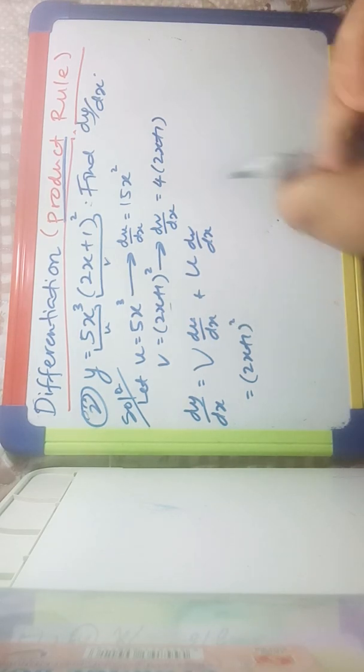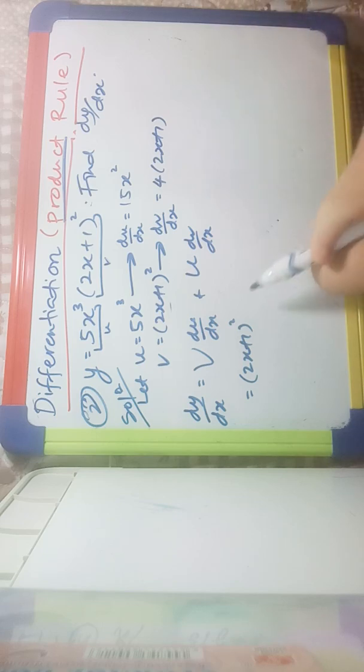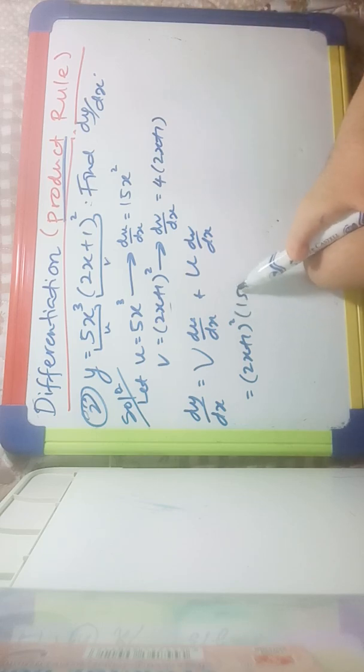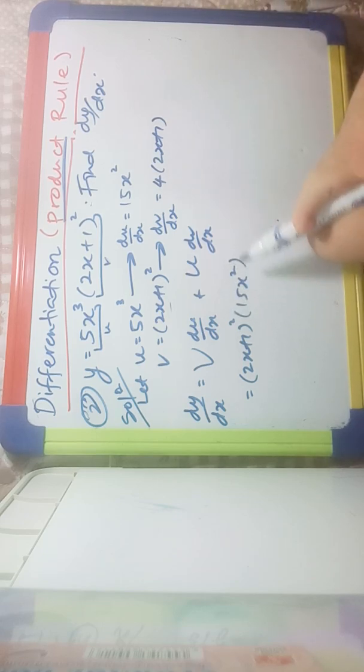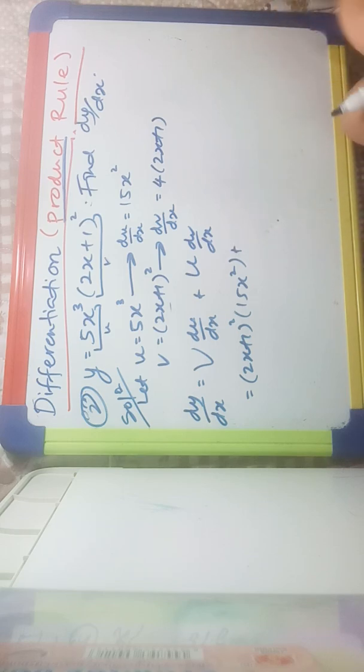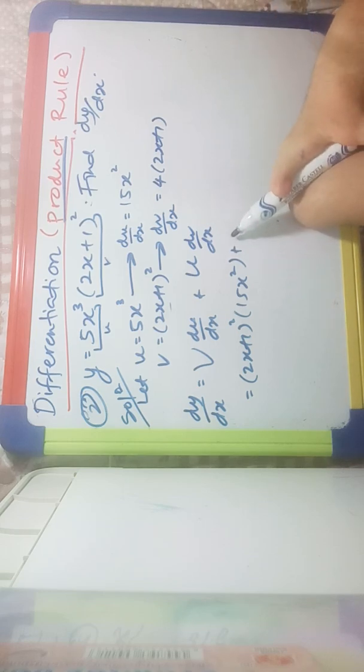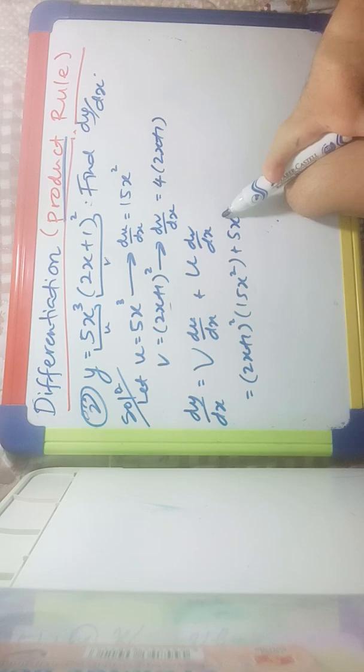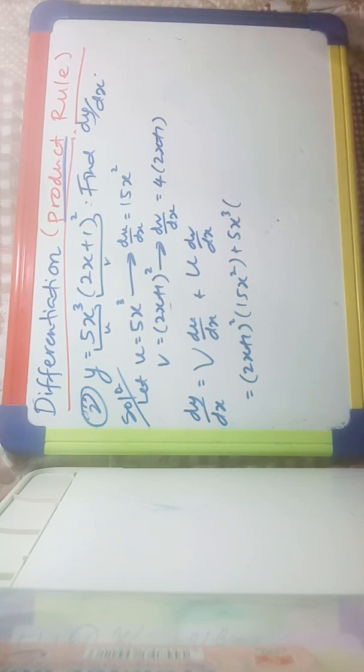Which one is du/dx? Up here, 15x squared. So we put 15x squared plus u. What is u? 5x cubed. dv/dx, what is dv/dx?